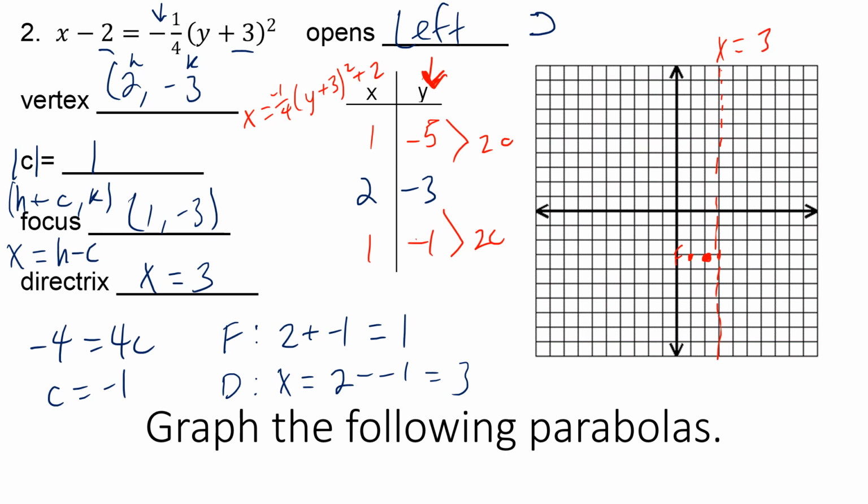Okay, then I'm going to plot my points. I'm going to go to 1, and at 1, I'm going to go to negative 1, and then I'm going to go to negative 5. And those are going to be my points that I use to hopefully sketch to the best of my ability.